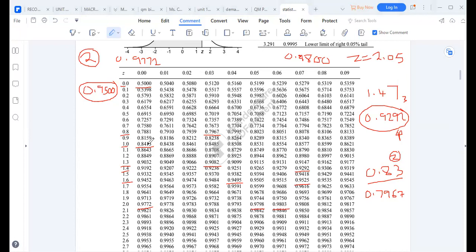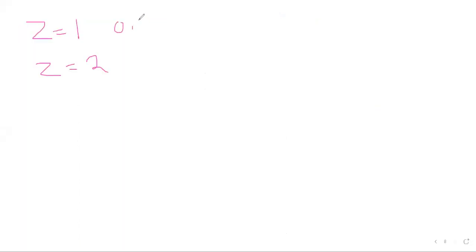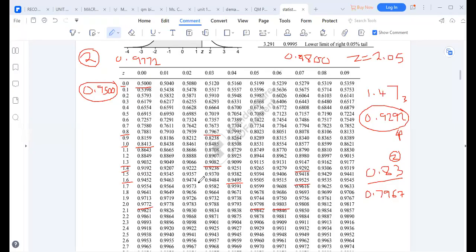0.8413. Do we all agree? Yes, we do. 0.8413, correct? Then what is the z reading for 2? 0.9772.